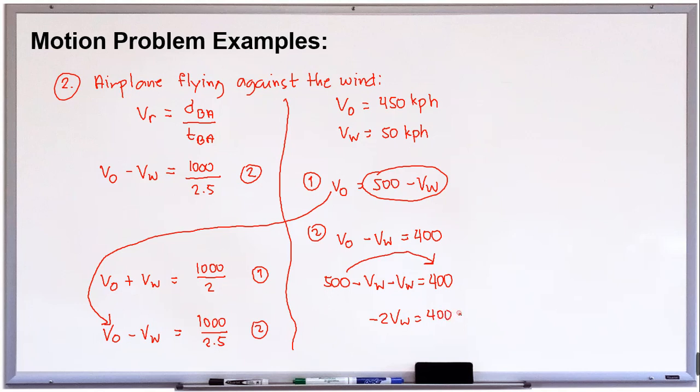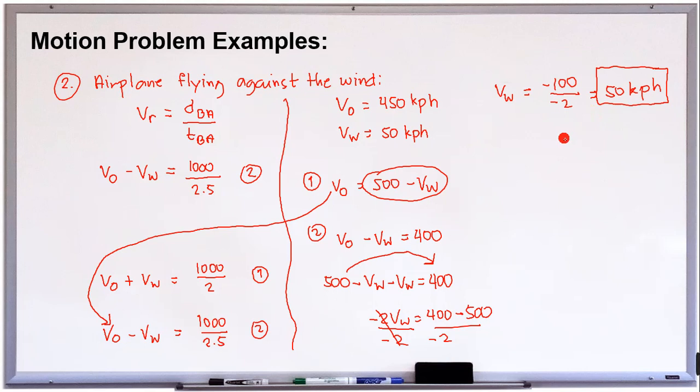That would be 400 minus 500. So divide both sides by negative 2. So we have VW is equal to 400 minus 500, that is negative 100, divided by negative 2. So that is 50 kilometers per hour, which is still the same as the answer from our scientific calculator. So that's it. This is our final answer for this problem.